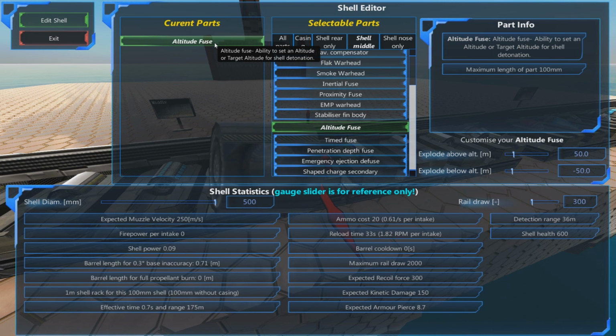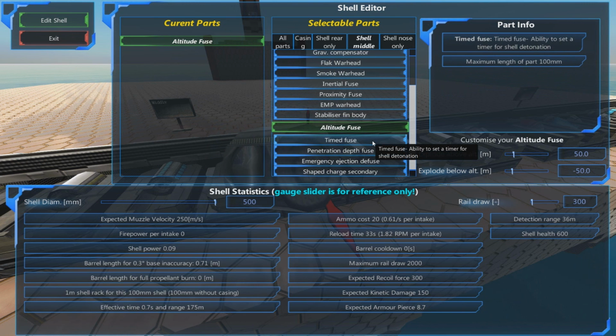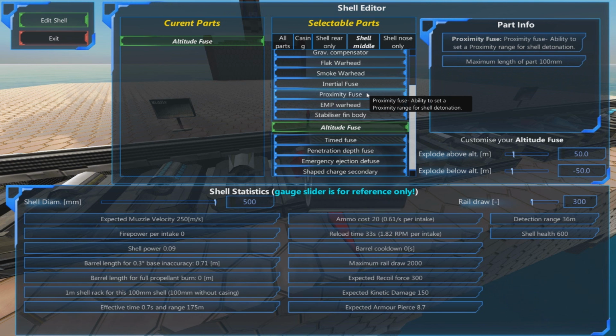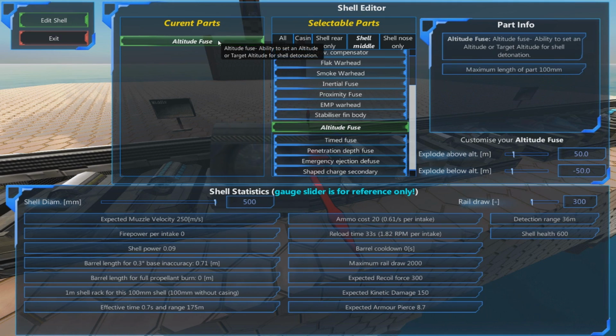You can have an anti-submarine gun with this. Because you just shoot at it, and even if your shell falls slightly short, it will explode at the right altitude to deal damage to the submarine. As opposed to the time fuse, which due to water slowdown will probably detonate too early, and the proximity fuse, which probably will miss. Or maybe it will miss. I don't know. But yeah, altitude fuse, lots of potential there.